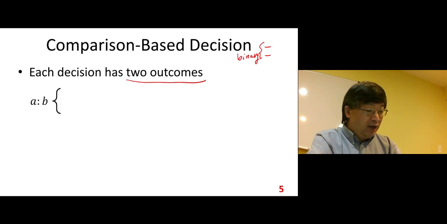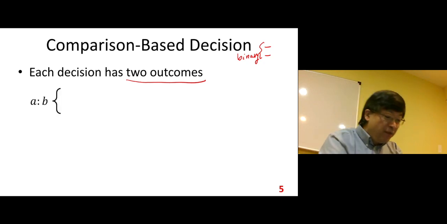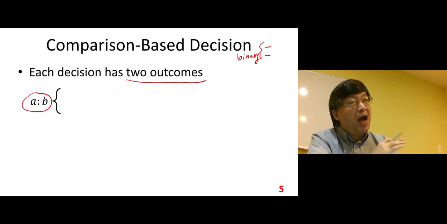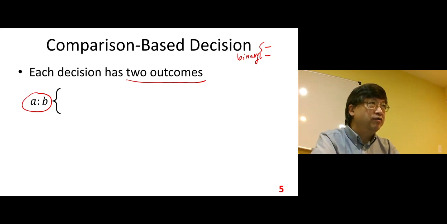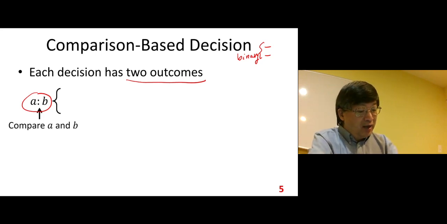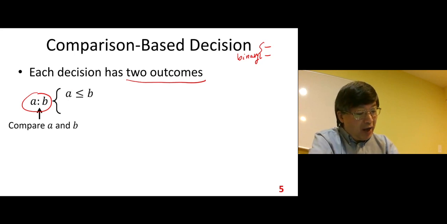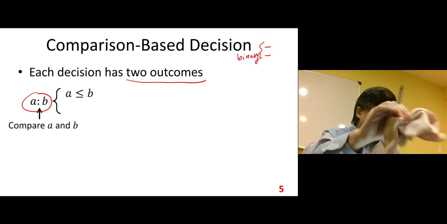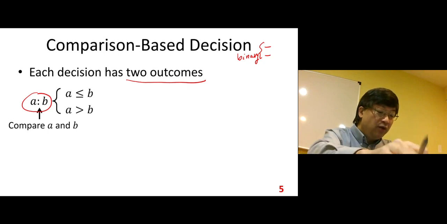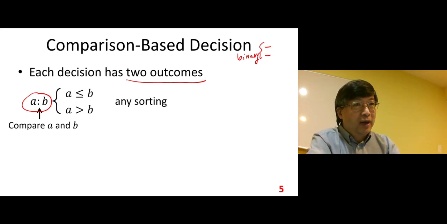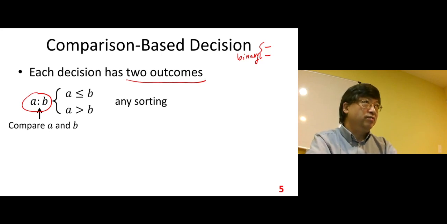We define for every comparison a short notation to denote comparing A and B. Two outcomes: the first one, A less than or equal to B, and the second one, A greater than B. Binary decision. Now we are ready to draw a decision tree.